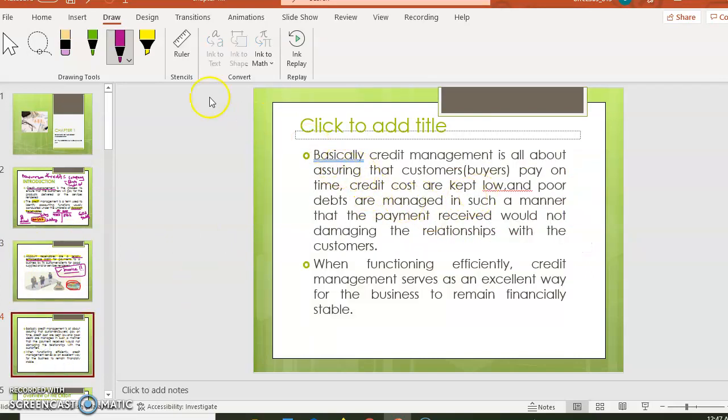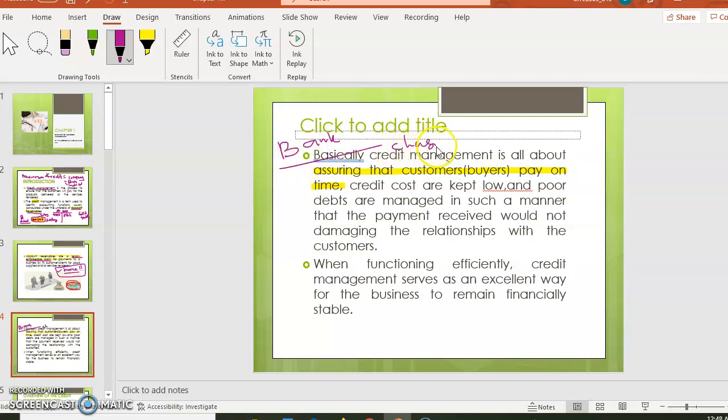Okay, next. Basically dia kata credit management is all about assuring, pastikan customer atau buyer pay on time. Betul. So they must make sure these customers are able to pay you on time lah. Kalau pihak bank macam mana mereka handle kan. Normally kalau bank ataupun syarikat kredit, kewangan kan, normally biasanya dia akan kejar, chasing the customer.